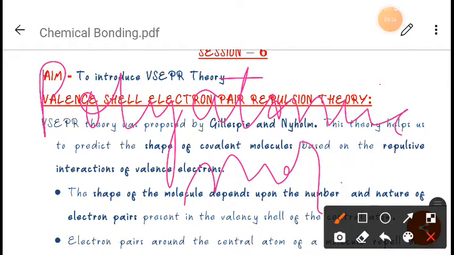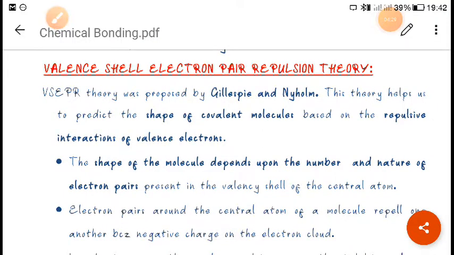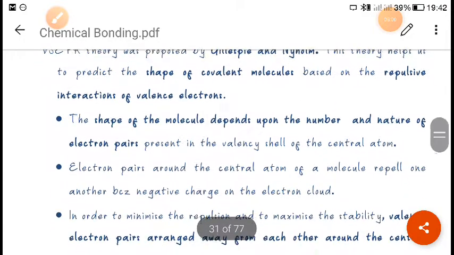Now we will see the points written in valence shell electron pair repulsion theory. The first point is that electron pairs in the valence shell of the central atom of the molecule, whether bonding or lone pair, are regarded as occupying localized orbitals. These arrange themselves in such a way as to minimize the mutual electronic repulsion.